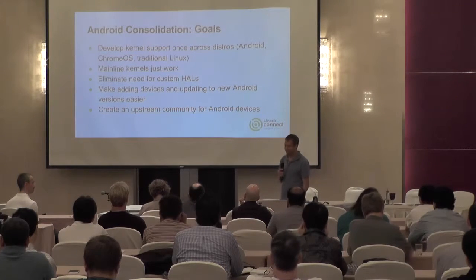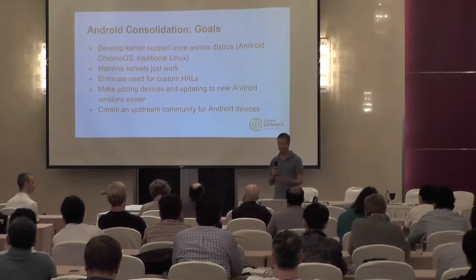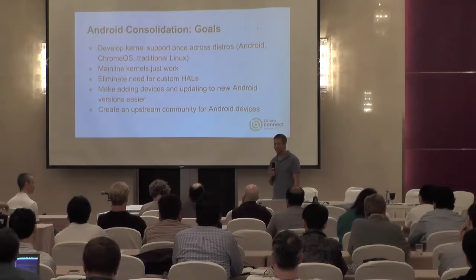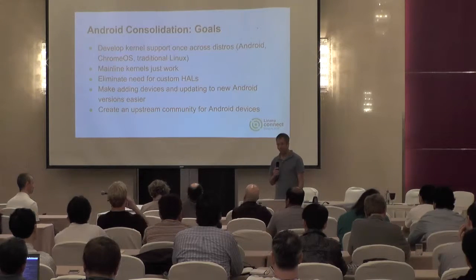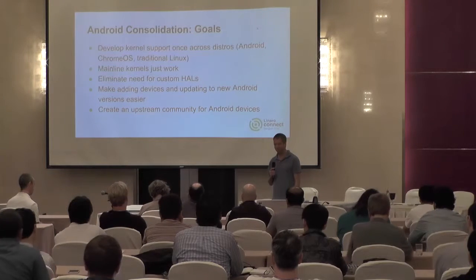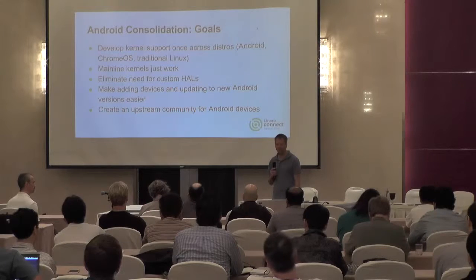Getting mainline kernels to just work, and what that means is if you have mainline support, then you should have Android support and other user space. And if we're successful in this area, we eliminate HALs in Android, or there's one HAL that's the de facto standard.